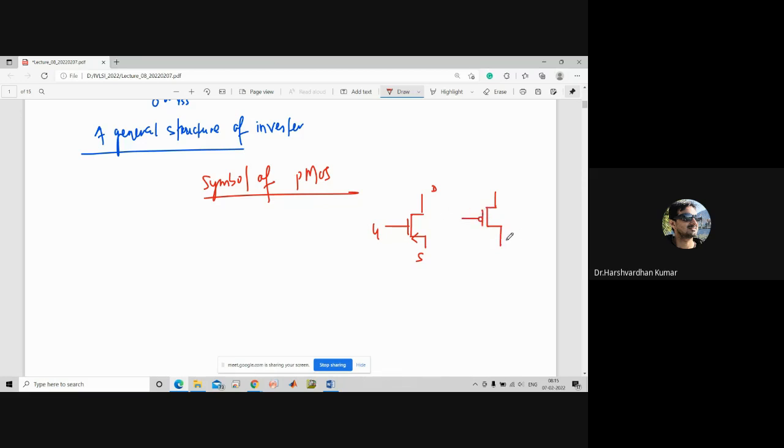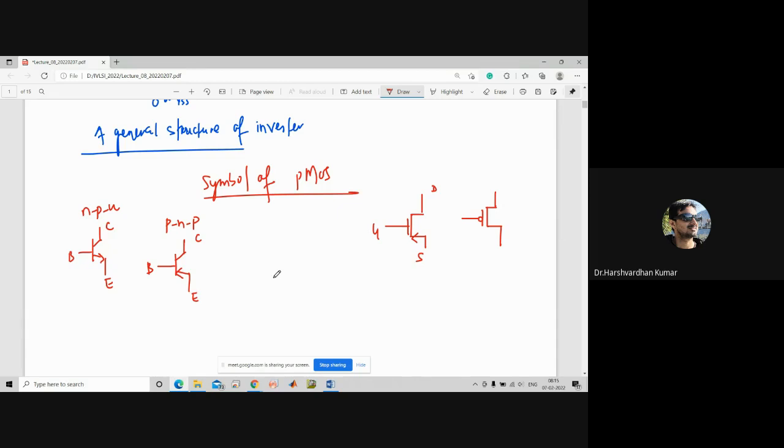If you remember, what is the symbol for an N-type transistor? NPN. The arrow should be towards the outer side. For the NPN, this is collector, this is base, and this is emitter, right? And what about PNP? The arrow will be on the opposite side, right?